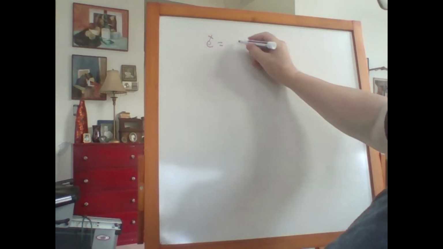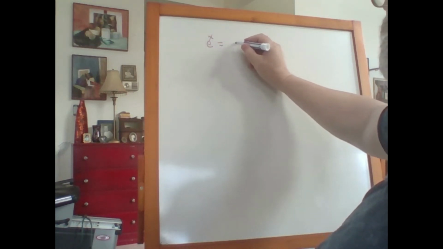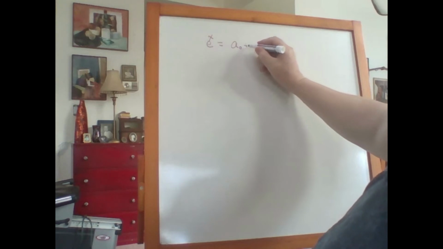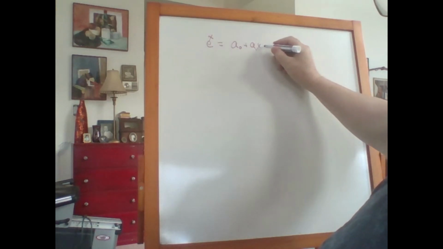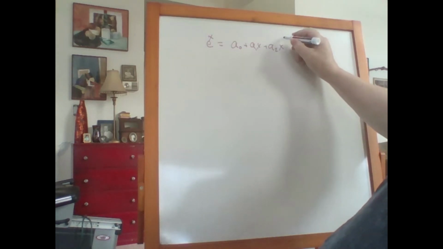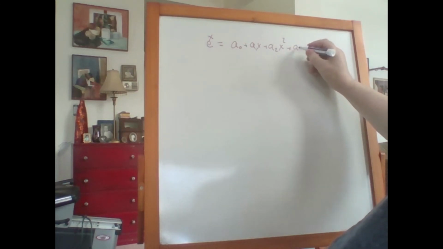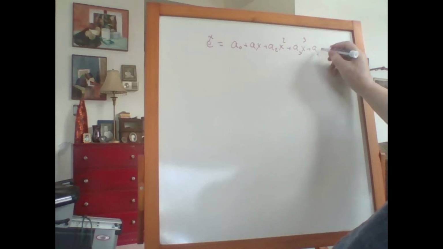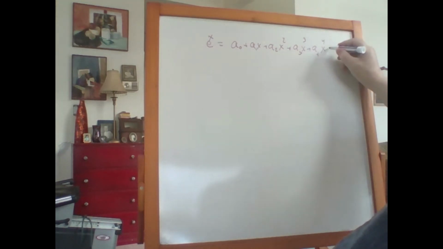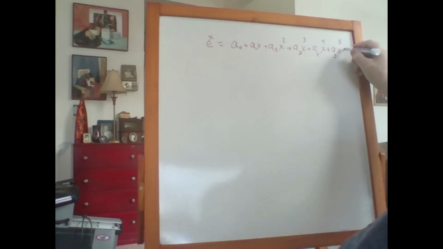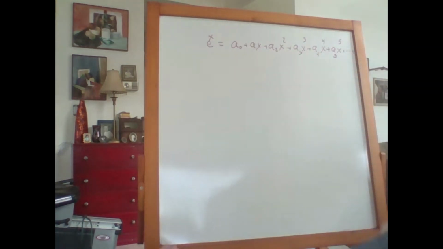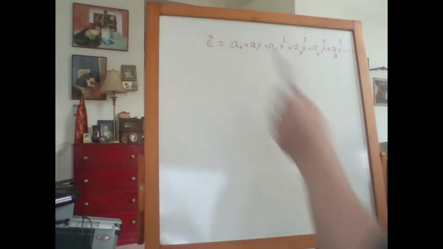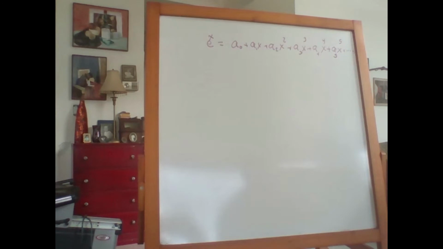And we're going to say e to the x is a naught plus a1x plus a2x squared plus a3x to the third plus a4x to the fourth plus a5x to the fifth plus blah, blah, blah forever. Now, the interesting thing is here, the derivative of e to the x is e to the x.